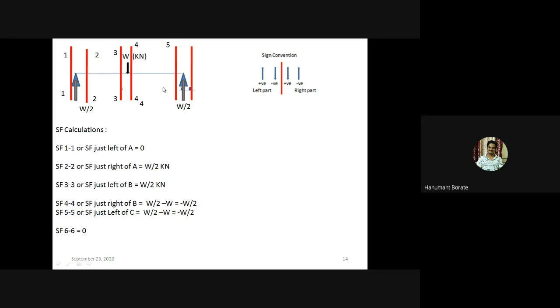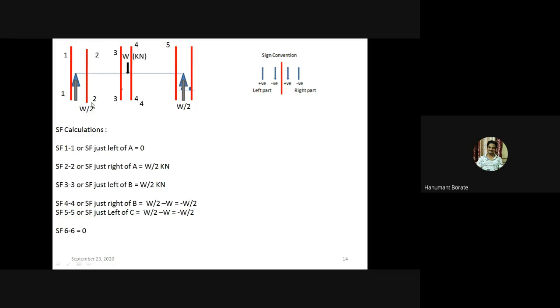Now forget about this section 1 1, and we need to consider only one section, either left or right, but we always consider left part to avoid the confusion, right? Okay, so consider left part of the section 2 2.